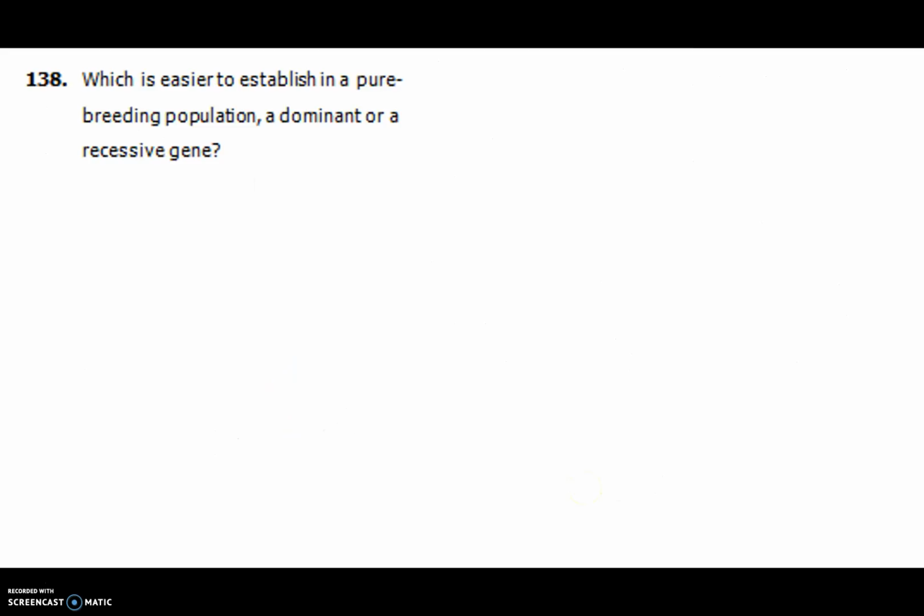All right. Now, which is easier to establish in a pure breeding population, a dominant or a recessive gene? Here we have a dominant and a recessive. If we want pure breeding, that means homozygous.